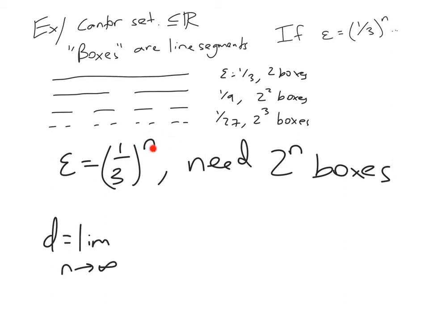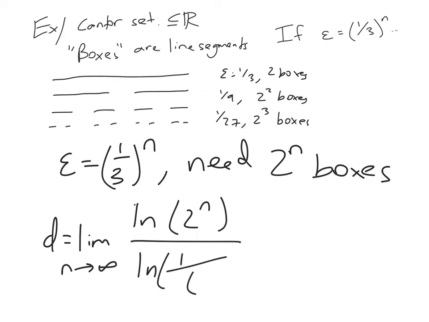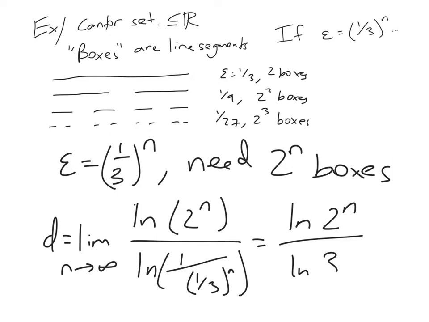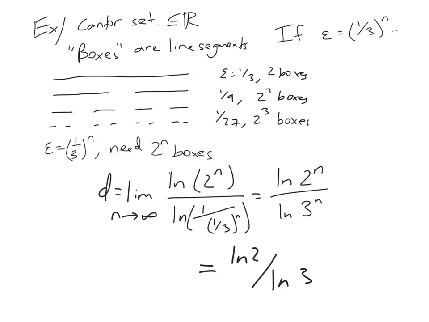Epsilon is going to go to 0 as n gets big, so instead of the limit as epsilon goes to 0, we want the limit as n gets big of the natural log of the number of boxes, which is 2 to the n, divided by the natural log of 1 over epsilon, which is 1 over 1/3 to the n. Simplifying, this is natural log of 2 to the n over natural log of 3 to the n.